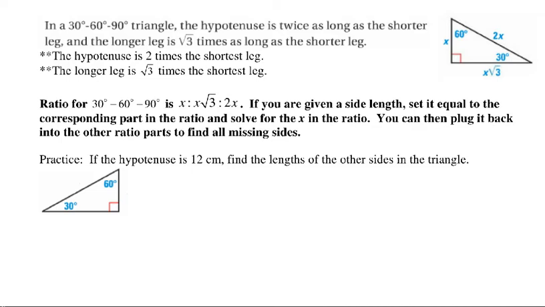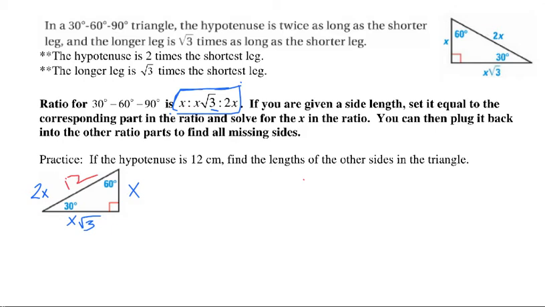So in our picture down below, I give you the triangle, the hypotenuse is going to be 12, and we need to find what the other legs are going to be. So remember, we want to label the sides of our triangle with the ratio. And I'm going to use blue again for this ratio. So the value that is given to us, we're going to set it equal to that ratio number.